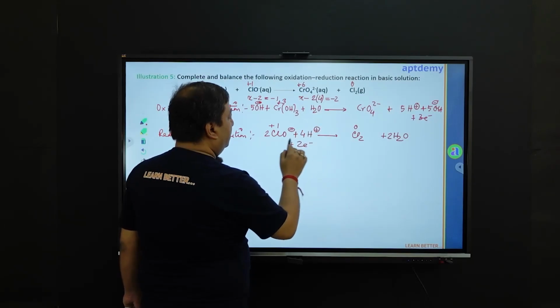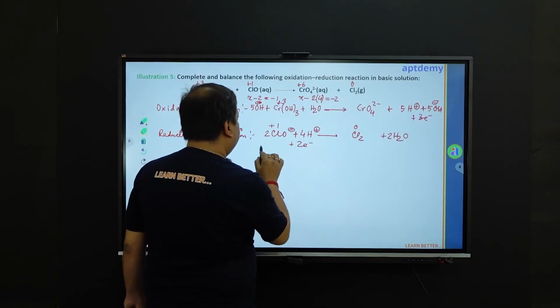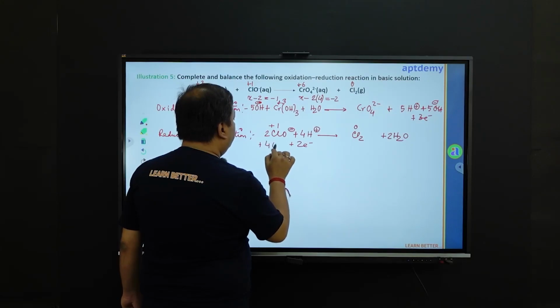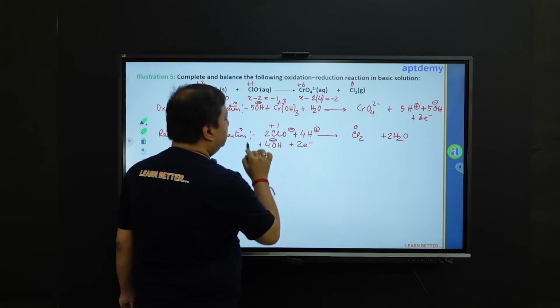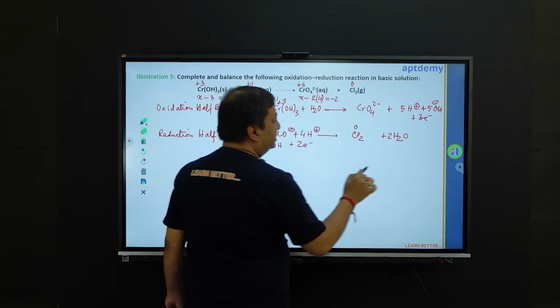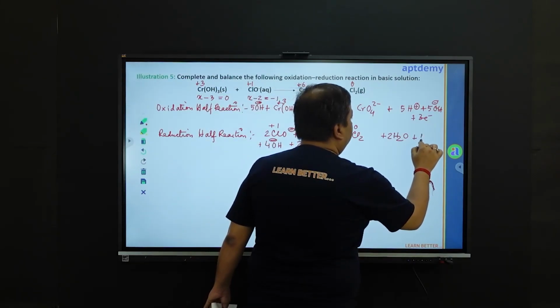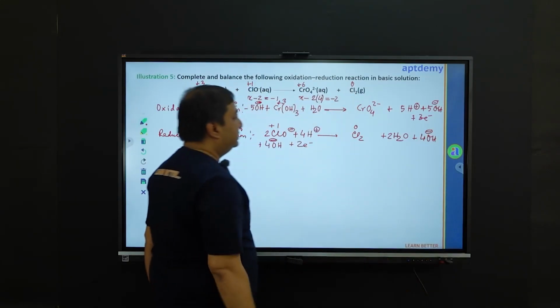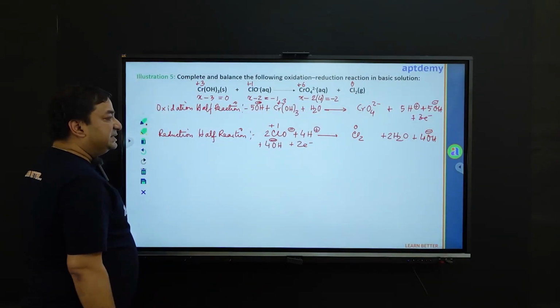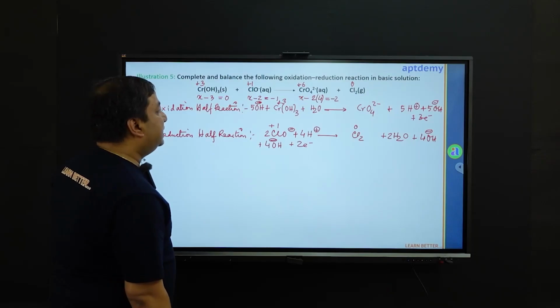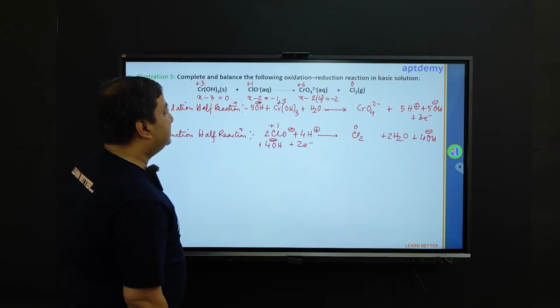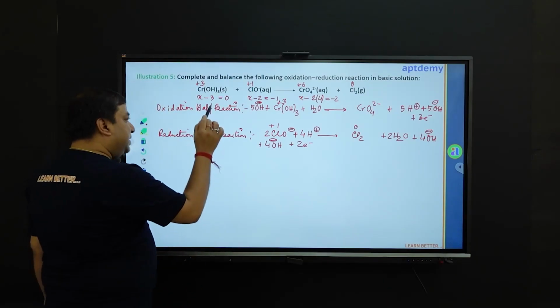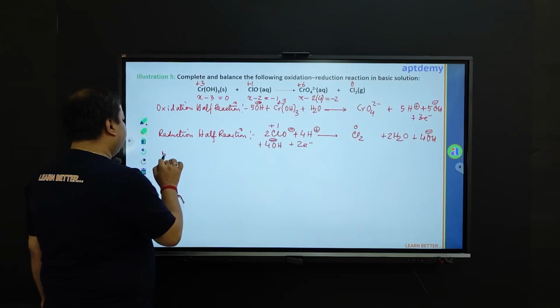And now over here, how many will we add? We will add 4 OH minus ions, because there are 4 protons, and here also we will add 4 OH minus ions. Now the next step is always to add the OH minus and the H plus ions to get water. So now we will be writing these separately to have some clarity.